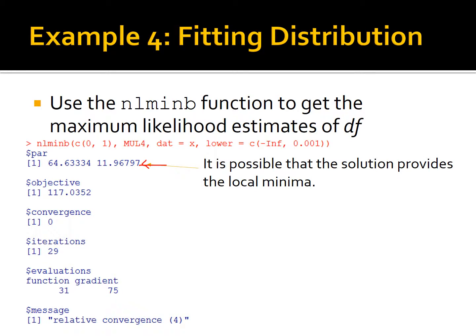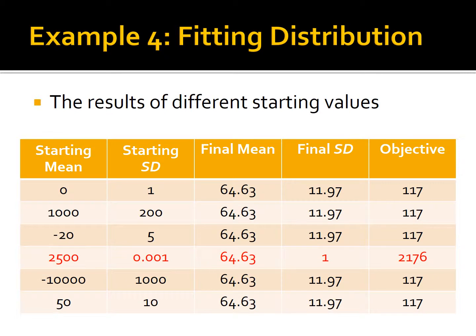Okay, it is possible that I got a solution that provides a local minimum. We keep that in mind, and then we need to test different starting values. I use different starting means and starting SDs, shuffling to different sets of values.